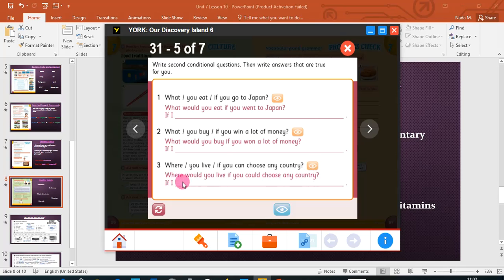So if I could choose any country, I would live in wherever. For me, I would never choose any other country. I will live in my country forever.